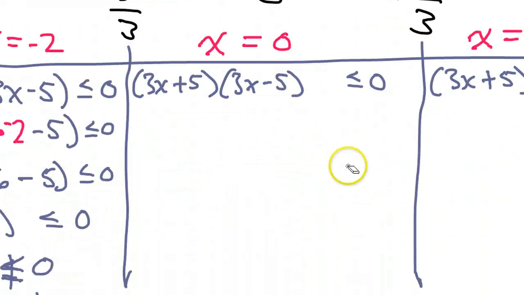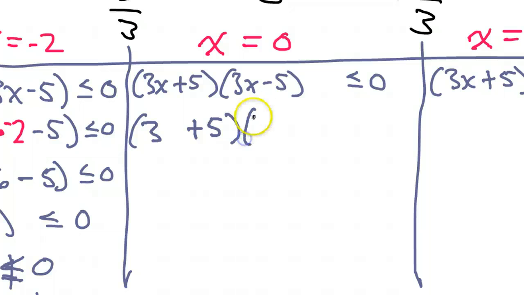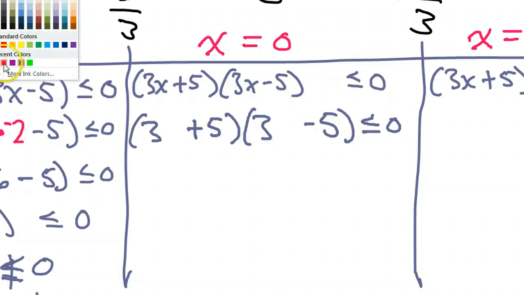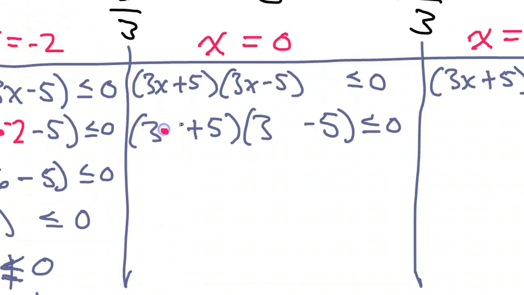Now let's do our test value of 0. So I'm doing 3 times 0.